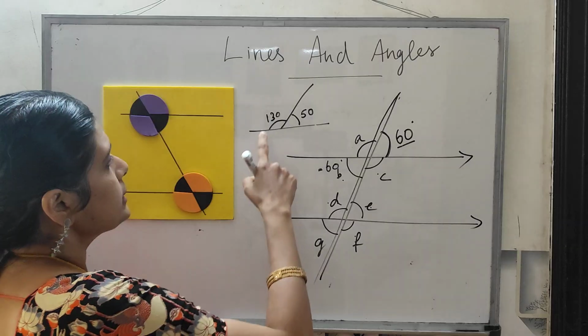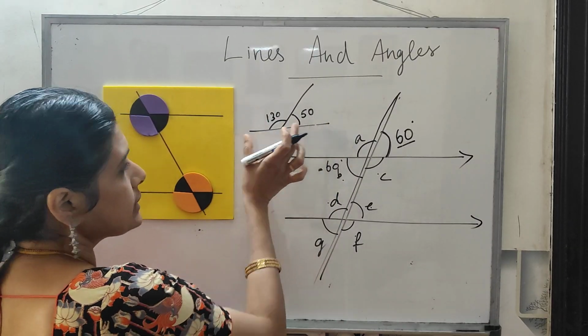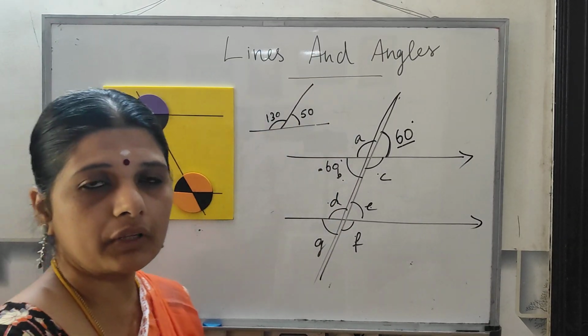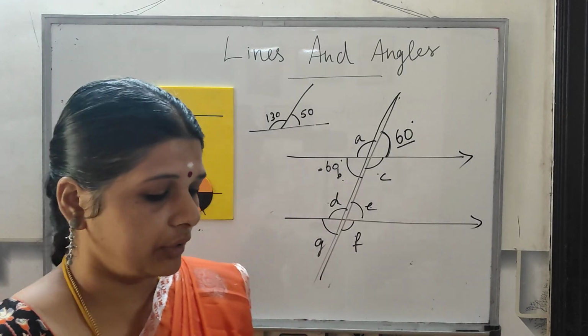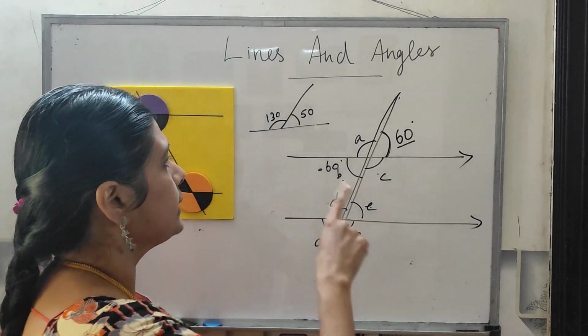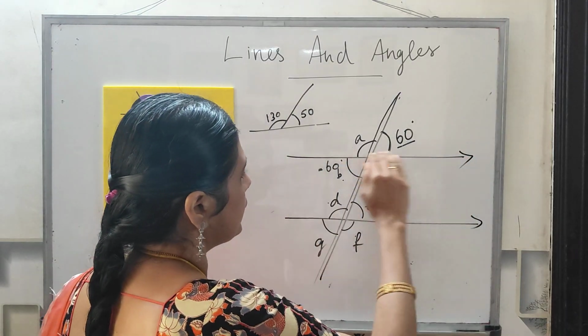So what name can we call it? This is a linear pair. Linear pair means whenever two angles add up to 180 degree, it is a linear pair. It should be on a straight line.